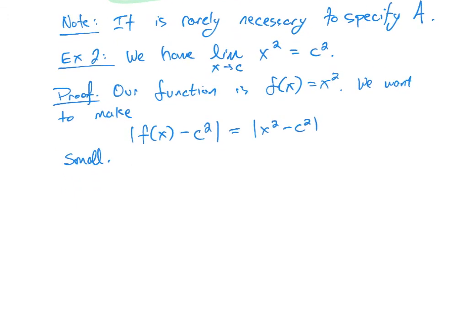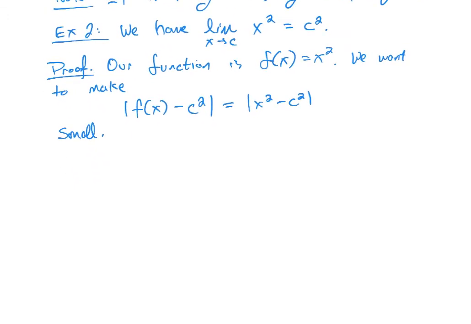Okay. Now, how are we going to control the size of that? Okay. So what we're going to have control over with our delta is that absolute value of x minus c.